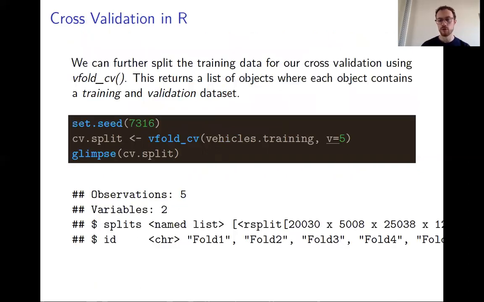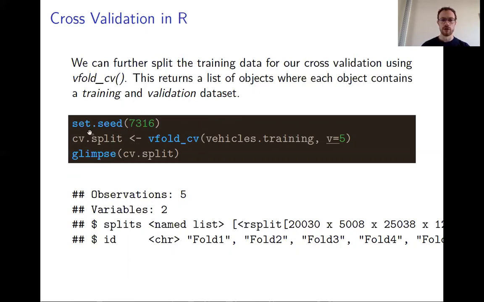Now, to perform cross-validation, we need to make this very complex split. For example, if we want to have it 5-fold, we need in each iteration to split it into 5 components, keep one of them out as a validation set and 4 of them as the training. But luckily, the rsample package gives us the vfold_cv function, which simply splits the data set into these training and testing data sets.